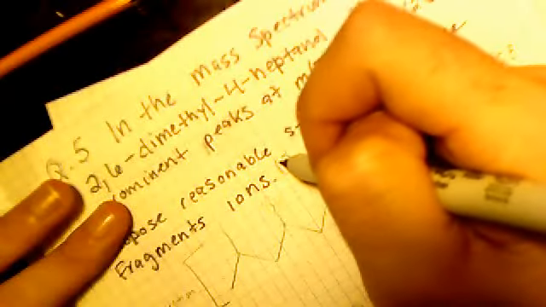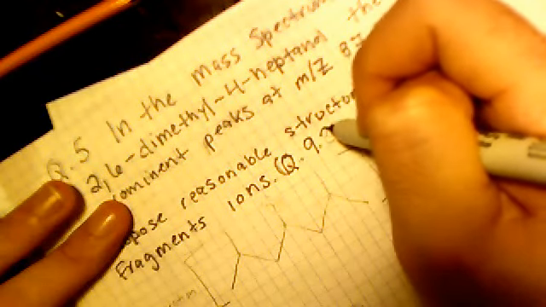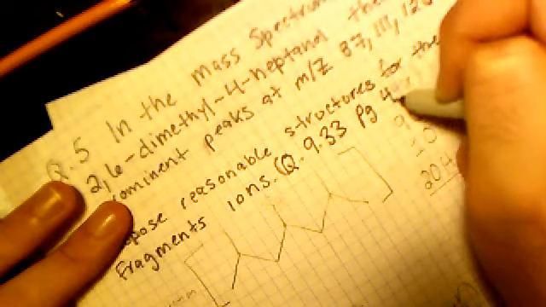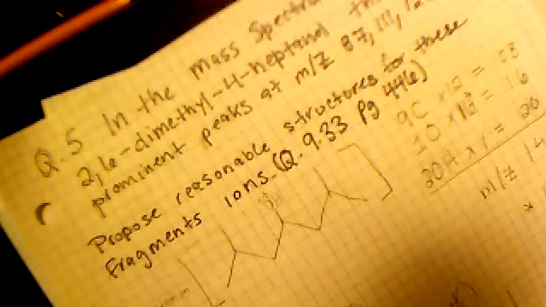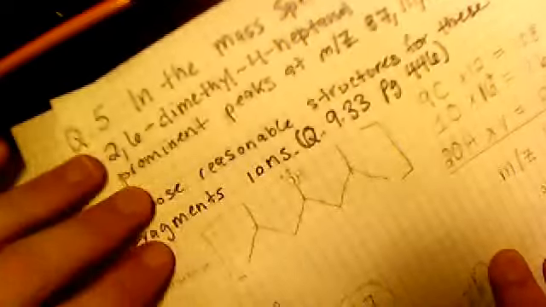And I notice that this is the same as question 9.33 in the book on page 446. Fortunately I was able to use the solutions manual to help me get through this a little bit, but it was still really crazy.